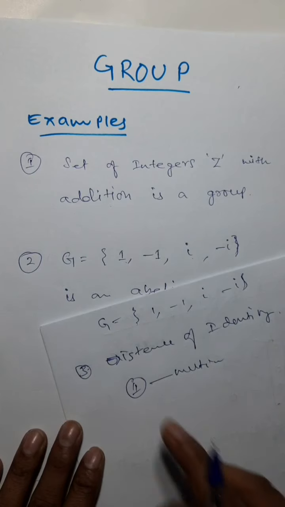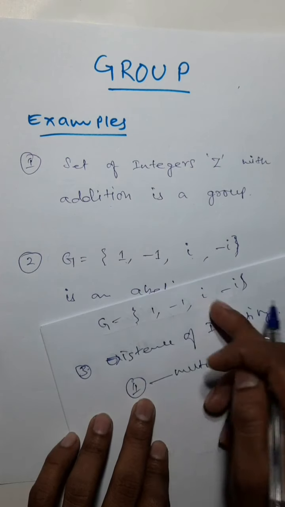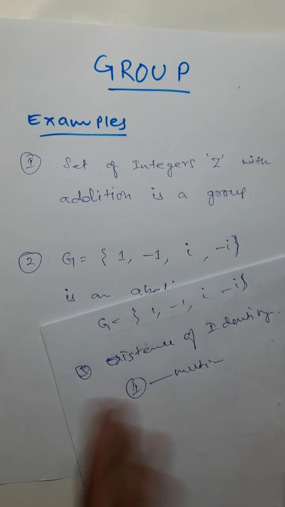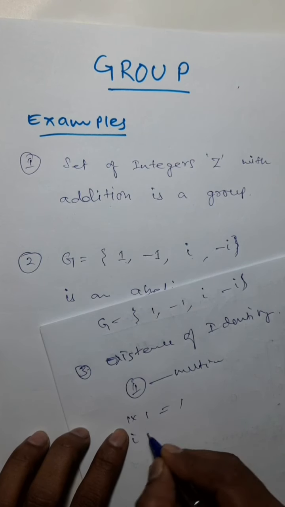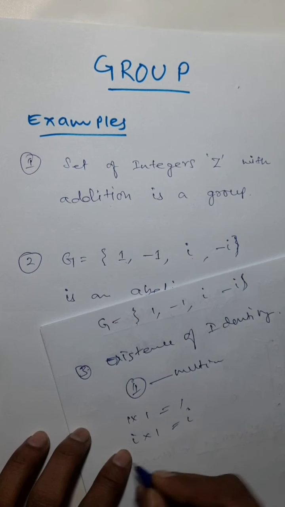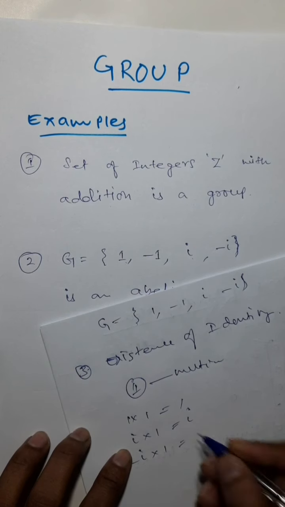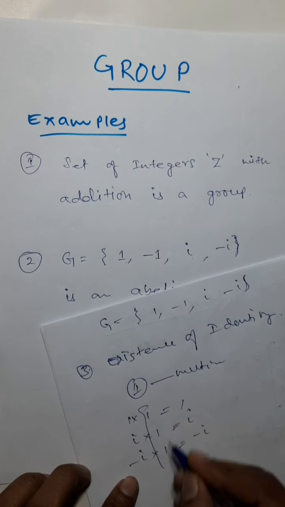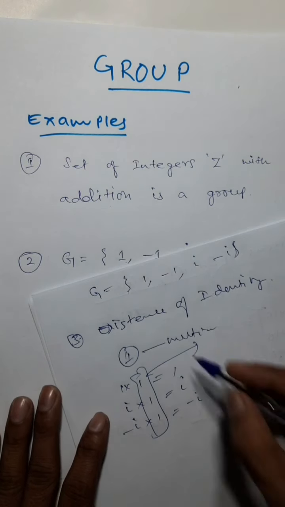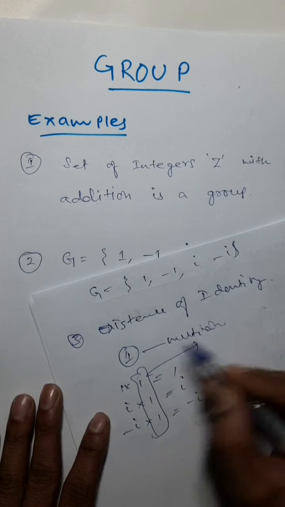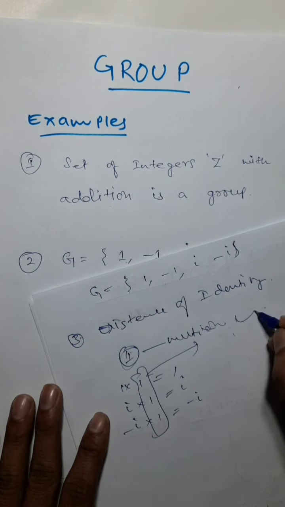Nothing to show there. If you multiply 1 to any number, you will have the same number. 1 multiplied with 1 equals 1. I multiplied with 1 is I, -I multiplied with 1 is -I. So 1 is an identity element. So under multiplication, 1 is an identity. So identity element exists here.